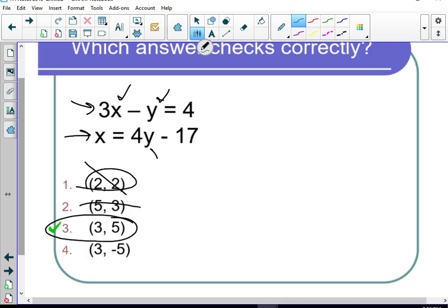Why? Because you're on this road, they are on this road, but they hit you in the intersection. You are in the middle of both streets. You are on both streets. You are the solution to both streets. That's what we're doing here. This point right here is true for this one and this one. It's the intersection. It's on both lines.